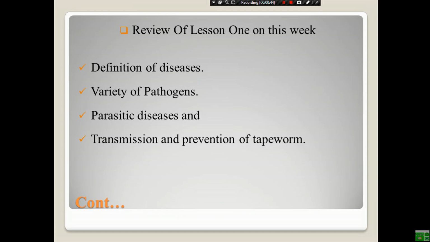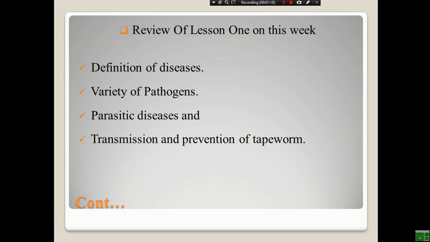Those microbes or pathogens are bacteria, viruses, protozoans, and worms. In yesterday's class, specifically, the type of pathogen was worms, and one parasitic worm known as tapeworm we discussed one by one: their transmission, symptoms, and prevention methods.